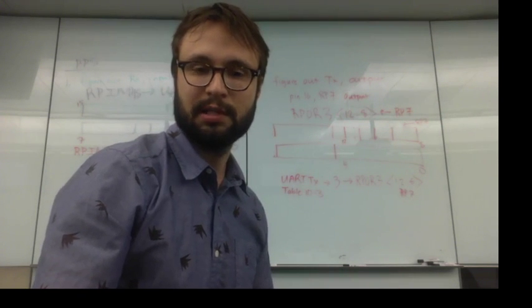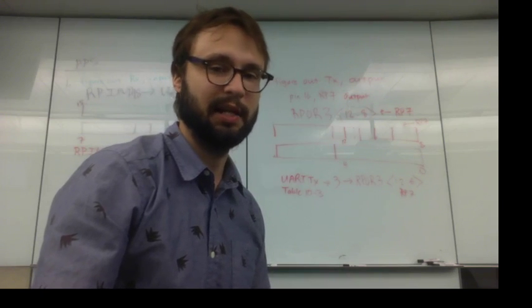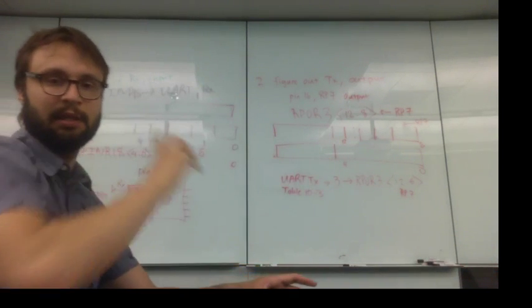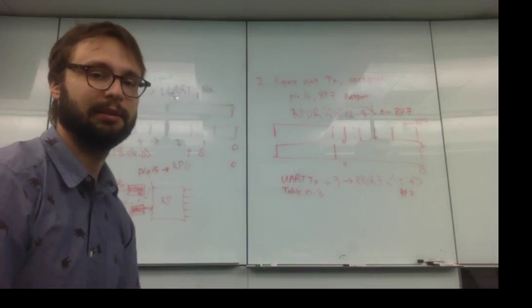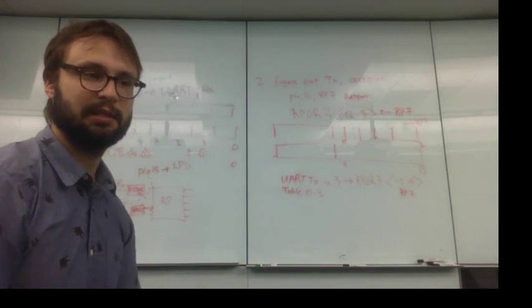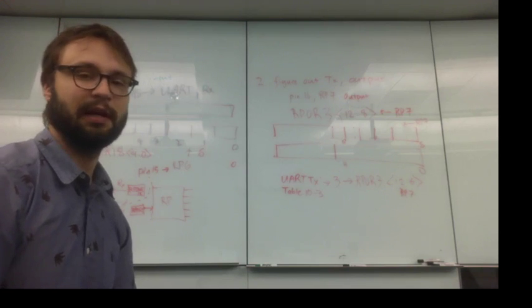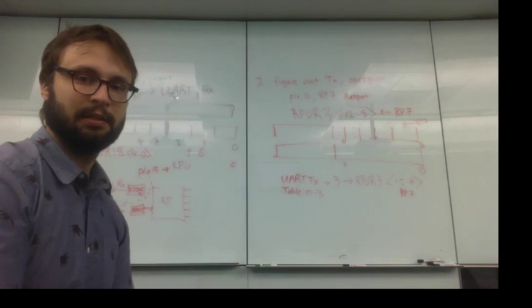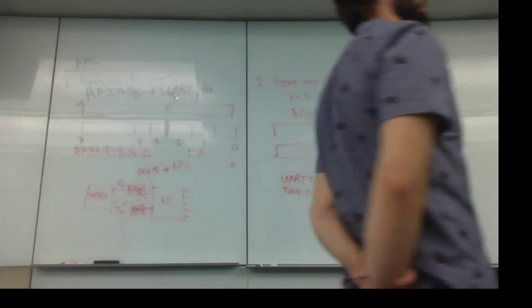You write 46, write 57, and then set the bit to lock it back up. So you unlock it, you configure everything, then you lock it back up. This type of thing is just screaming to be in its own header file so that you don't have to look at it each time. So maybe I'll see if I can write something up. Otherwise, for the labs and everything, this will be provided.